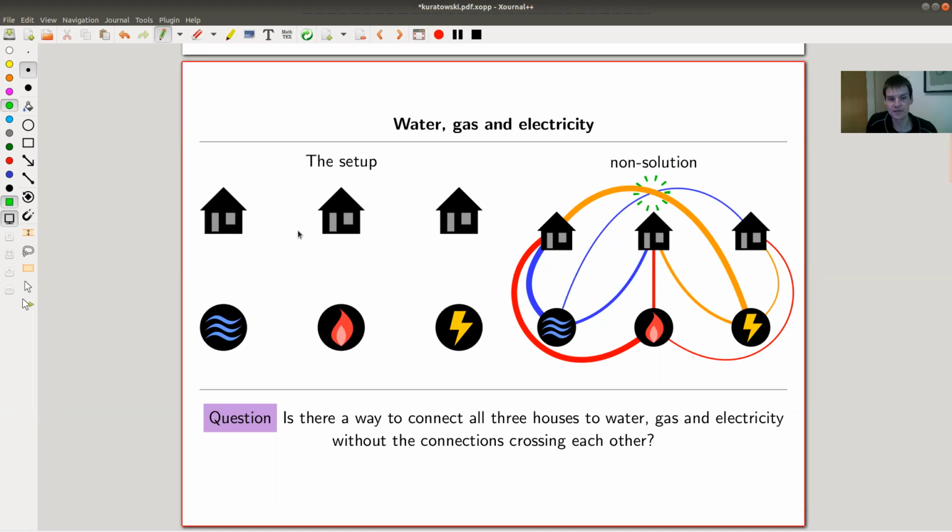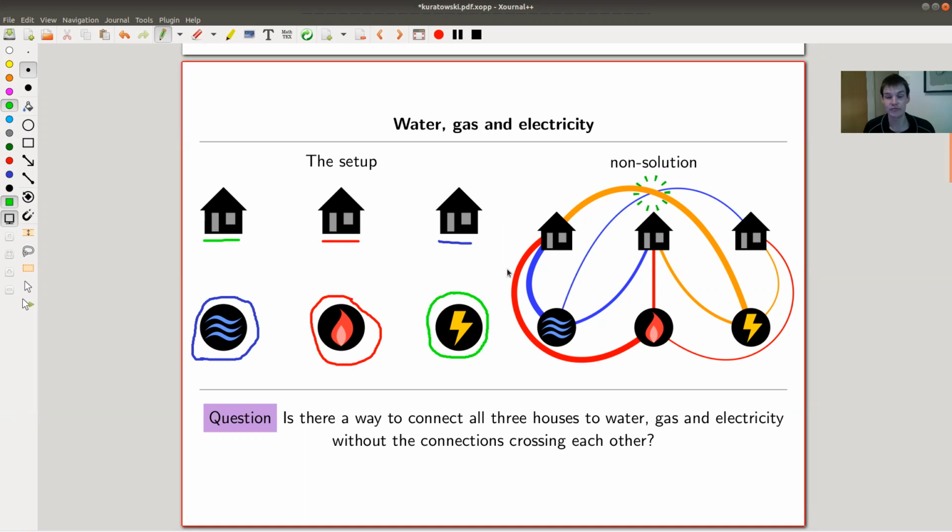You have three houses, a green one, let's say, a blue one, a red one, and you want to connect them to water, you want to connect them to gas, and you want to connect them to electricity, and I'm using green for electricity just to make it easier to see.